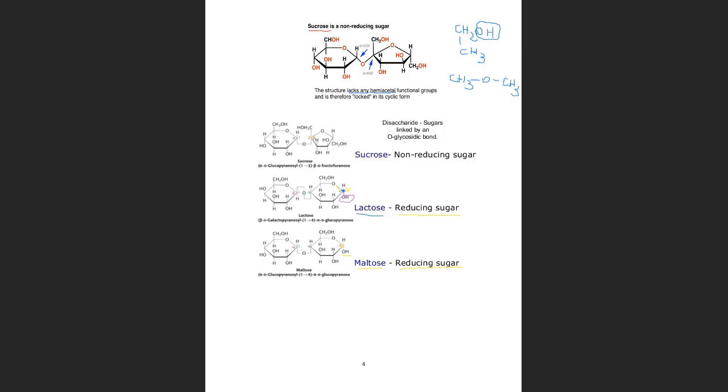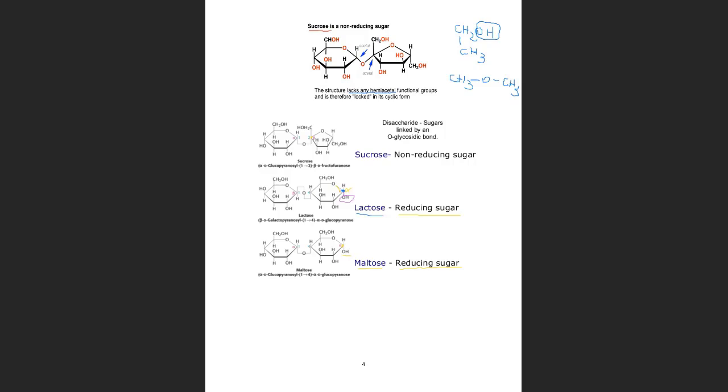So the glycosidic bond is broken. And how do we do the hydrolysis? The hydrolysis is done by adding strong acids or enzymes.